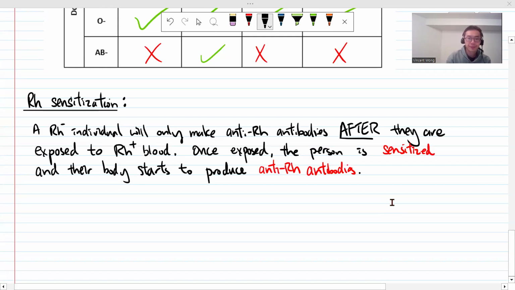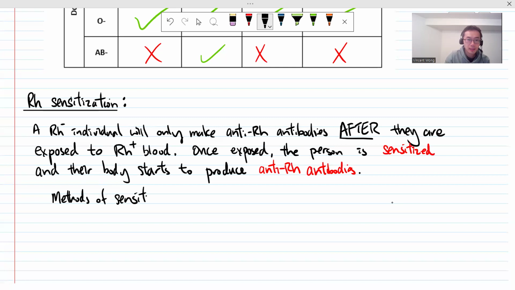So here's the question. Methods of sensitization. Okay, we'll look at two ways why a person would be exposed to positive blood. Maybe you can help me out. If I'm a negative person, why would I get exposed to positive blood? What's the reason?